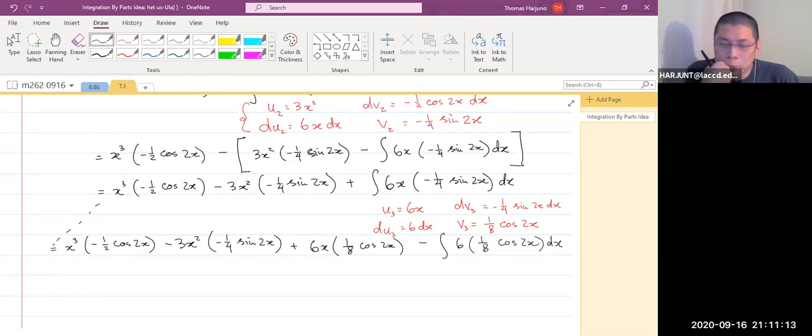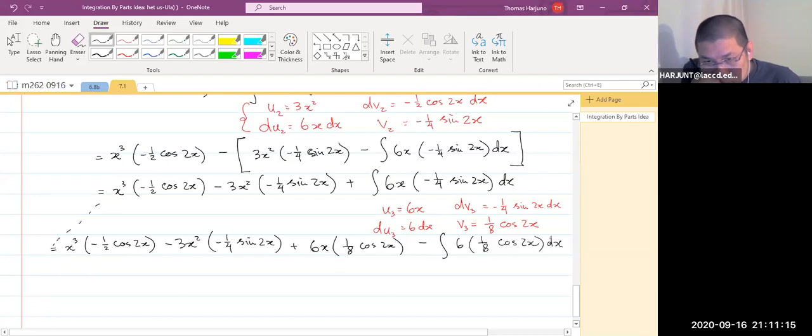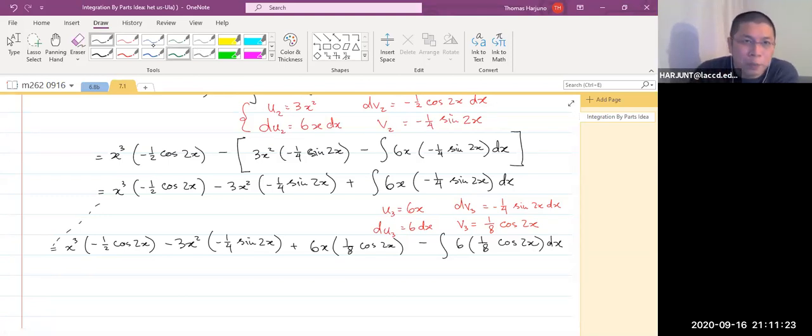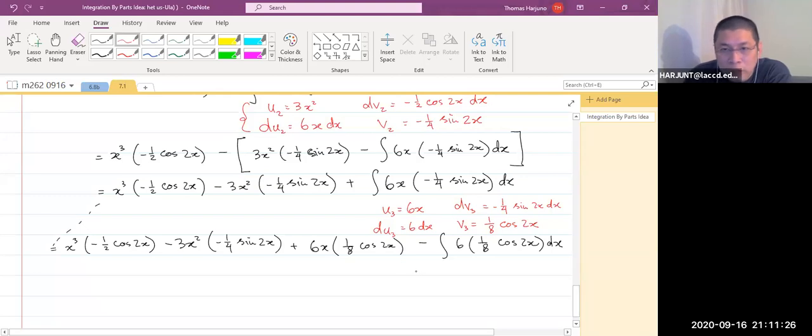I hope you are following me. Okay, I will play stupid now. I will do integration by parts again the last time. So u4 equals 6. d phi 4 equals 1/8 cosine 2x dx.